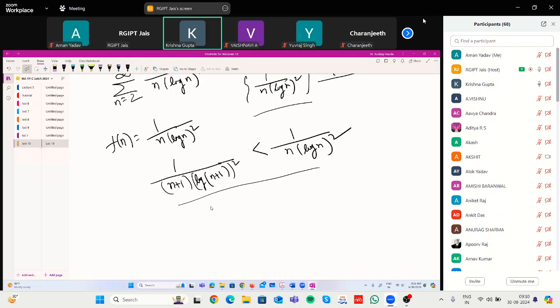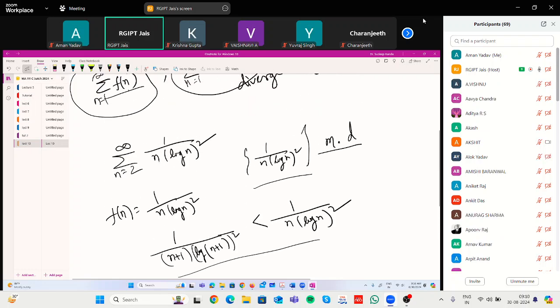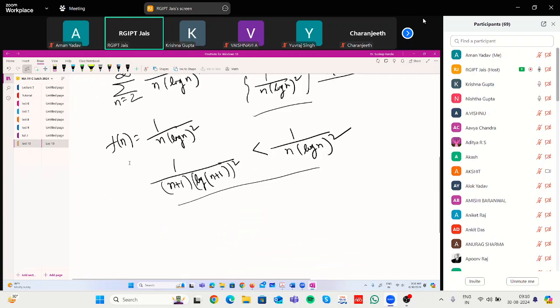As n is greater than 1, here we have taken from n equals 2 because log 1 is 0. Yes, sir, that's why we have taken from n equals 2 to infinity. Since n is greater than 1, log will be an increasing function, and n plus 1 is also increasing.